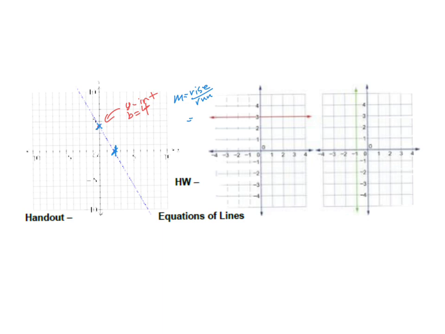So we go down; we actually went down 4 and went over 2 in this case. So now our slope is -4 over 2, because it went down, which simplifies to -2. So now our equation for this line is y equals -2x plus 4.